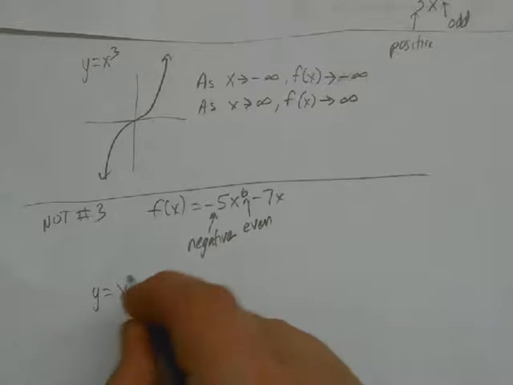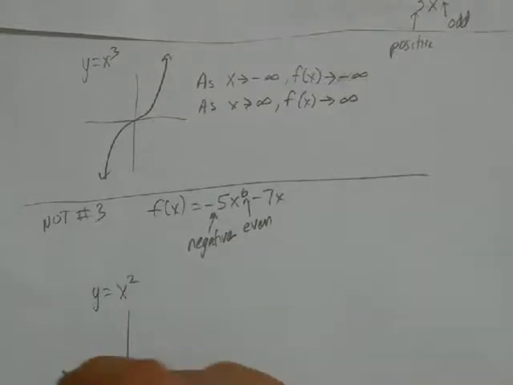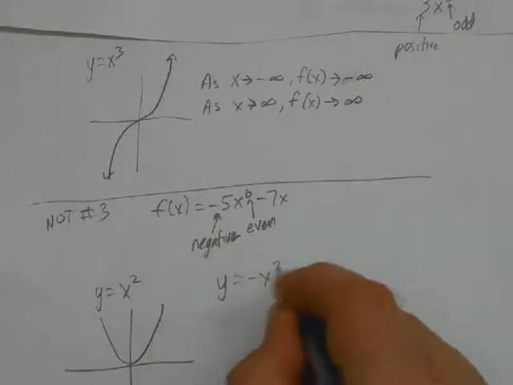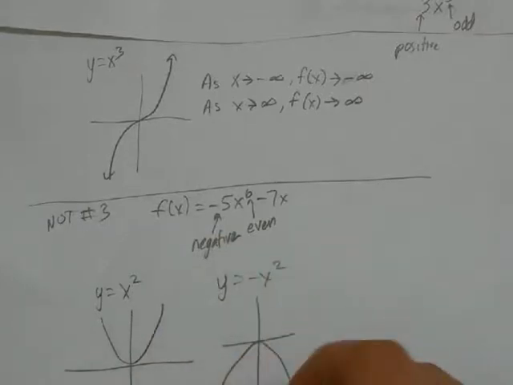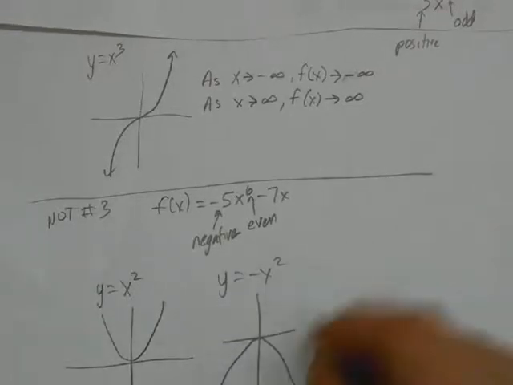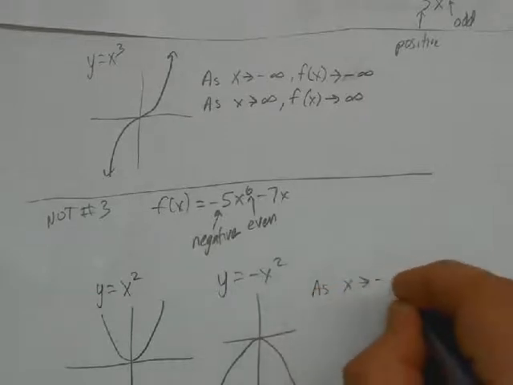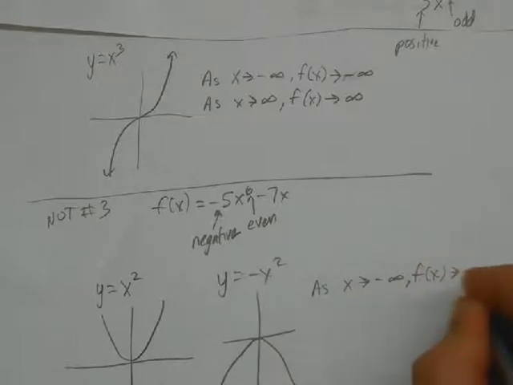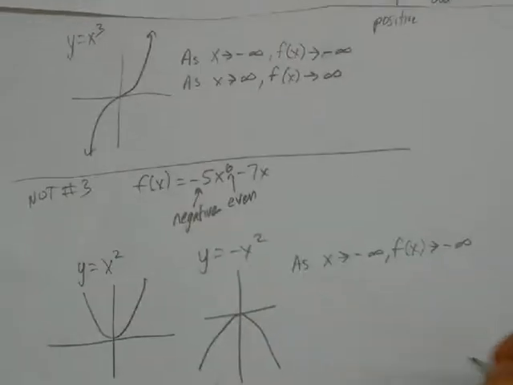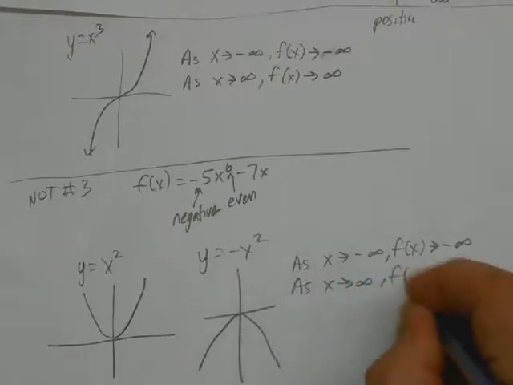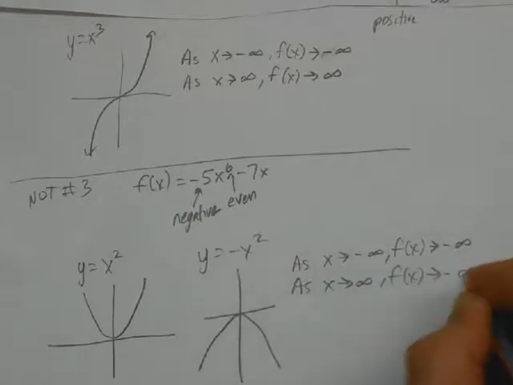Well, we know y equals x squared. But this is negative, so y equals negative x squared would look something like that. So for this graph, as x approaches negative infinity, f of x approaches negative infinity. And as x approaches infinity, f of x approaches negative infinity.